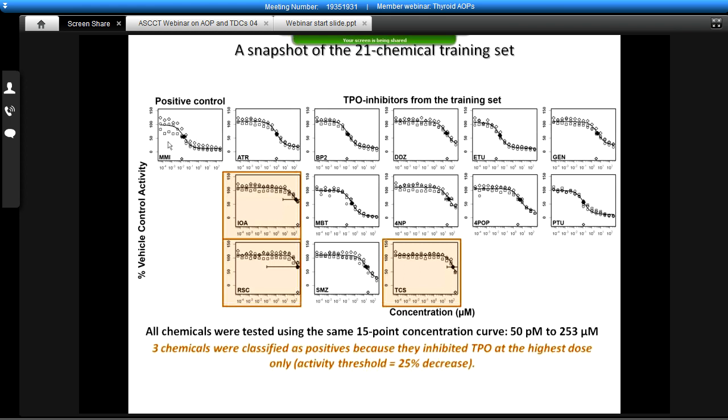The chemicals that tested positive included all 12 anticipated positives from the literature, plus 2 additional chemicals that were previously reported as negatives, triclosan and iopanoic acid. They're some of the more equivocal positives here, as they had a very weak response in the assay.